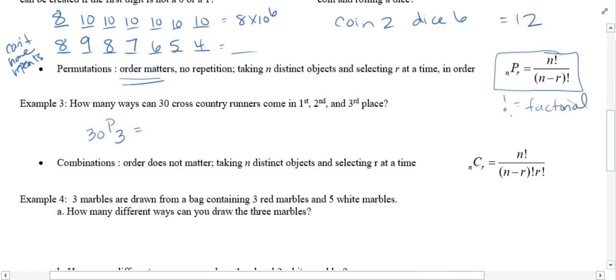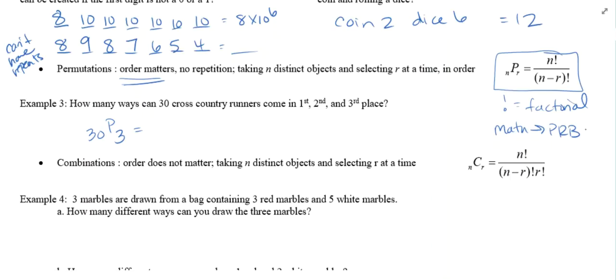All of these buttons are going to be in your calculator. When you go to math and then go over to PRB, probability, there's the permutation button, and then you'll see number 2 and number 3 are permutation and combinations. So this is where those are in your calculator.